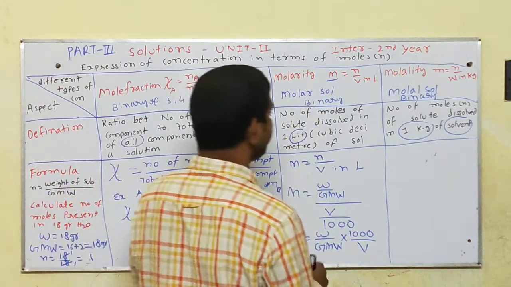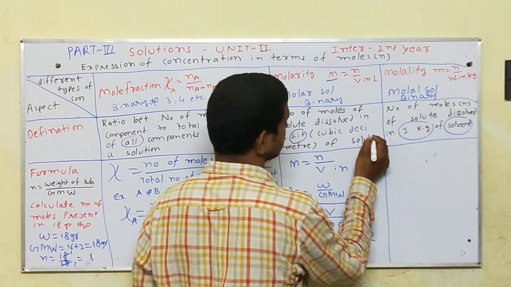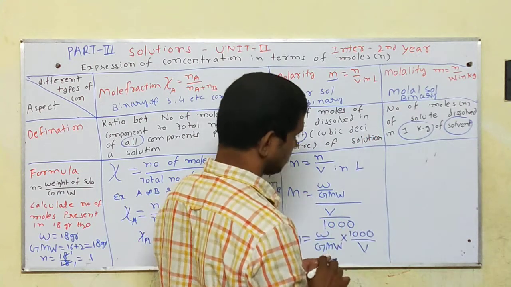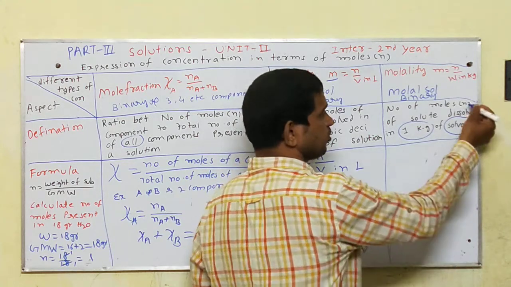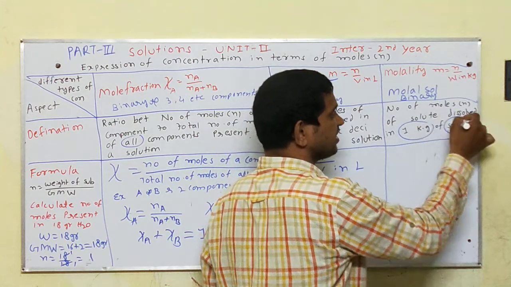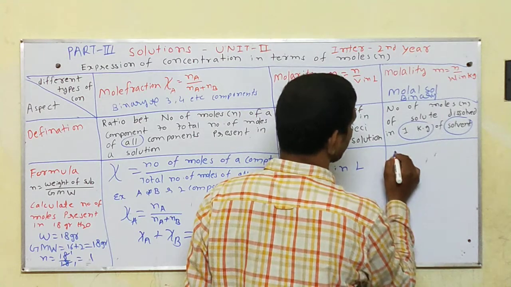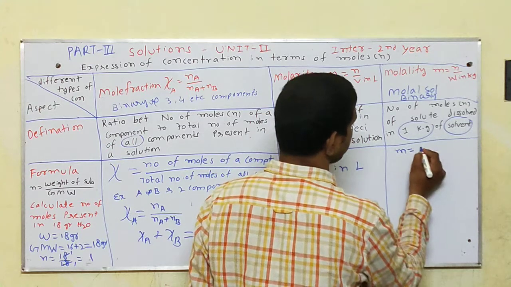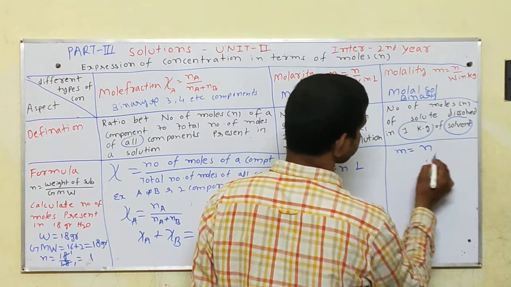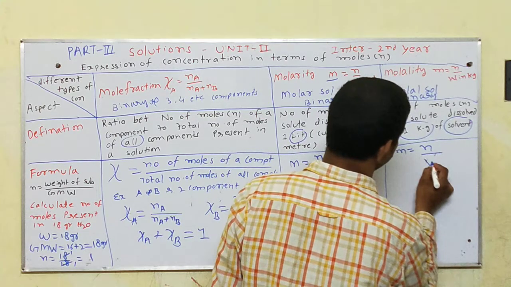In molarity, it is solution, but in molality, it is the number of moles of solute dissolved in 1 kg of solvent, and it is denoted by small m. Small m equals n by capital W.